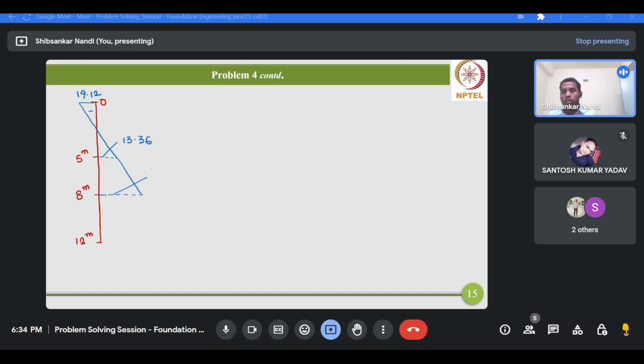This value is your 20.6 plus you will be having the pore water contribution, the contribution from the pore water pressure, and this value is your 30.